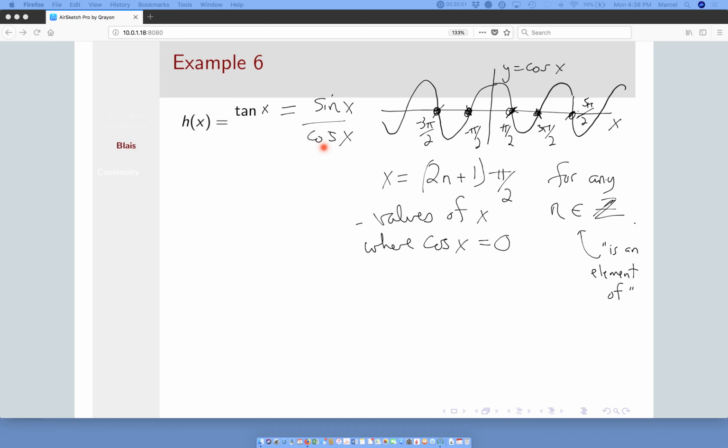So because of that, the tangent function has a discontinuity for every value of x where its denominator, cosine of x, is 0.